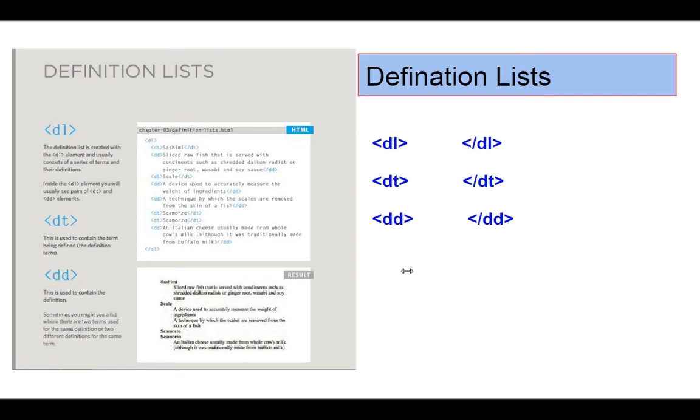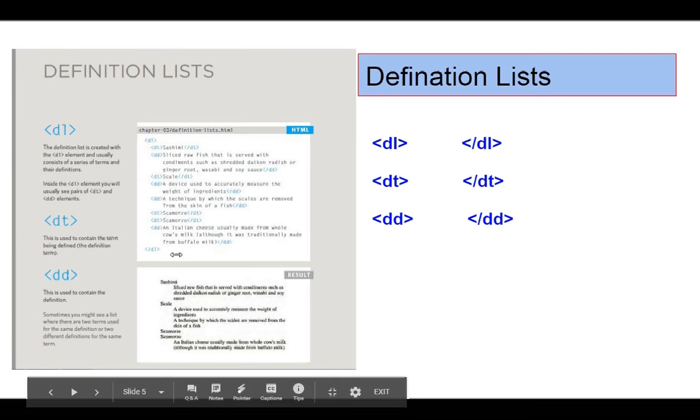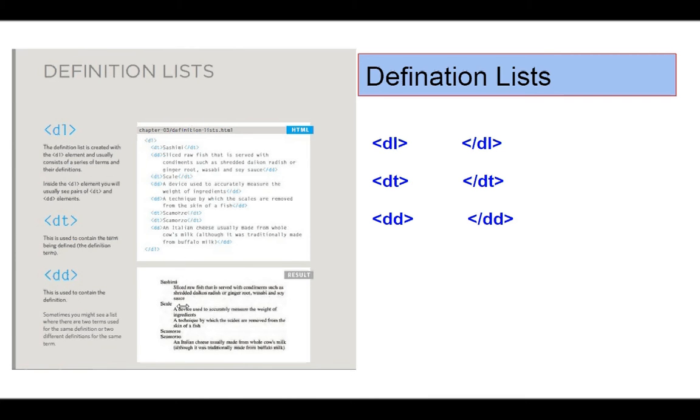Okay. So now we are going to demonstrate this. For example, you can see sushi. What does sushi mean? It's sliced raw fish that can be served as a dish. Okay, so this is a term created by DT.